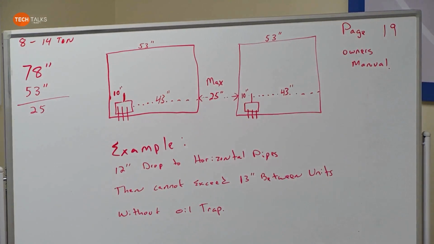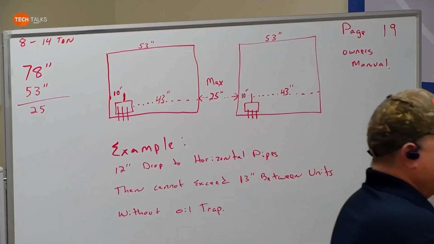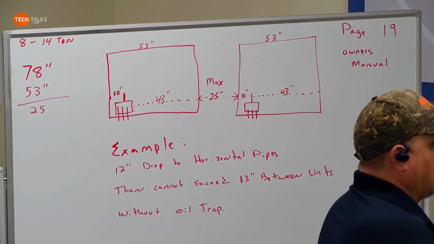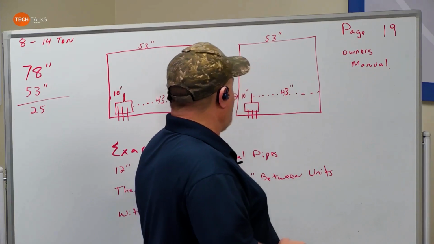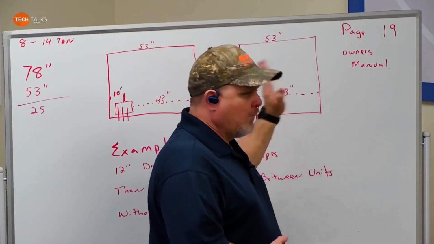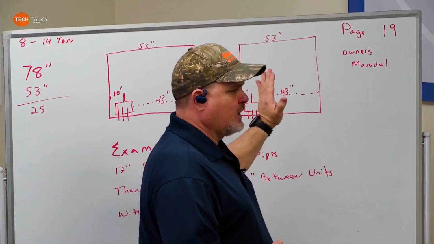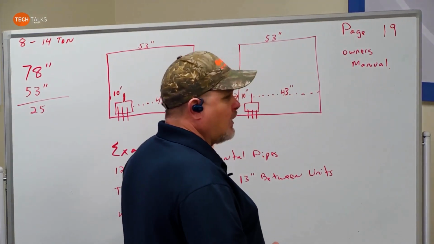So now that applies to parapets. If you're doing it out in the open, it changes that dimension quite a bit. Well, you're talking about clearances. Yes. I'm talking about the pipes, the piping clear. You cannot go more than 25 inches in this application without adding that oil trap. Yep.